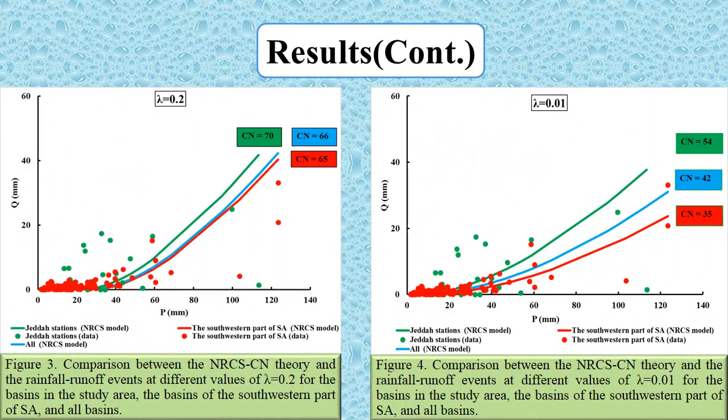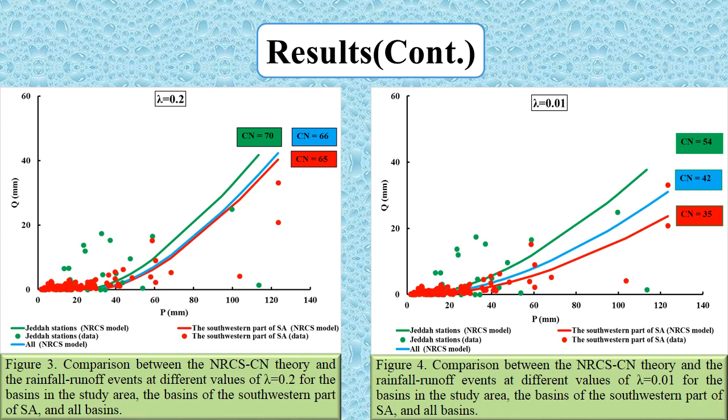The results. What we end up with is the runoff Q on the vertical axis and precipitation on the horizontal axis, at lambda 0.2 and at lambda 0.01.